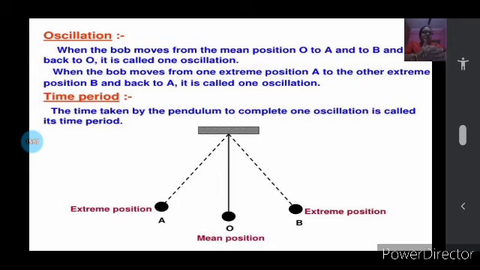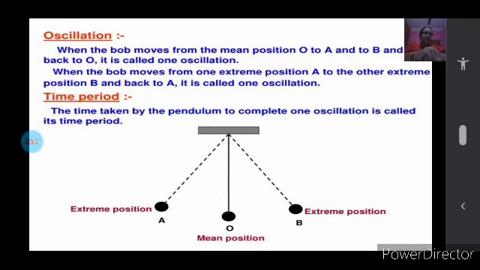The time taken by the pendulum to complete one oscillation is called its time period. You can see the two extreme positions, which means the maximum it can oscillate. From the mean position O to A, then A to B, then back to A. Like that only we swing. Then it is said to have completed one oscillation. The time taken by the pendulum to complete one oscillation is called its time period.